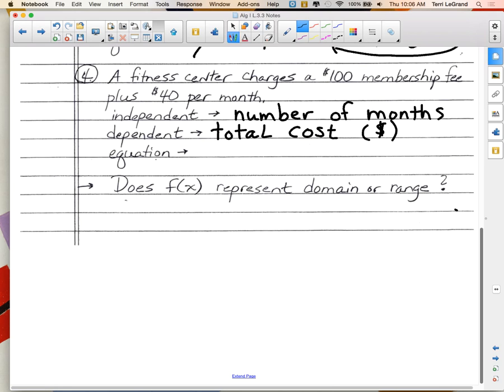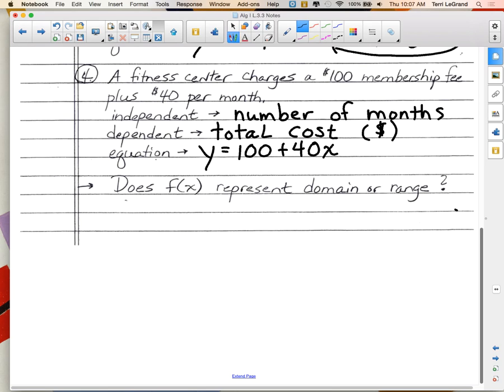Okay, and then the equation for this one. I'll let somebody volunteer for the equation. Lindsay? y equals 100 plus 40x. Okay, written not in function notation. Is Lindsay right? You agree with her? y equals 100 plus 40x.